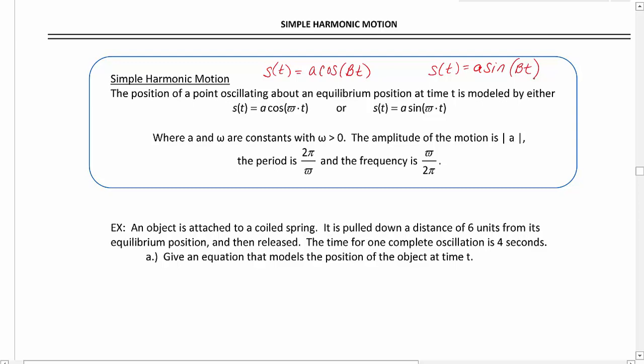So when you're finding your period, it's 2 pi over omega, but that's nothing new because we've been doing 2 pi over b to find the period for sine and cosine before. So I always just think of omega as the same as b when I'm doing these kinds of problems.